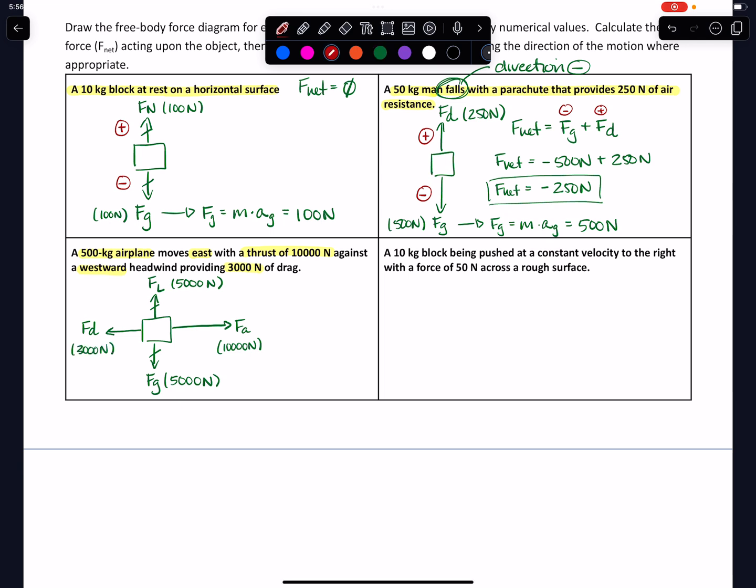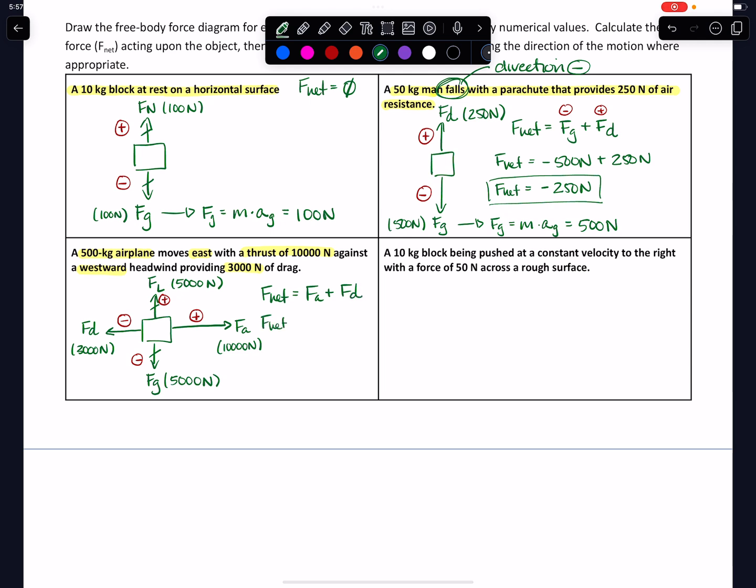So if we think about signs, our drag force is a negative force where our thrust is a positive force. If the plane were reversed in direction, we would change the signs. Our lift is a positive force and our gravitational force is negative, but they're equal and opposite, so we don't need to consider them when it comes to net force. So the net force is going to be equal to that applied force plus the drag force.